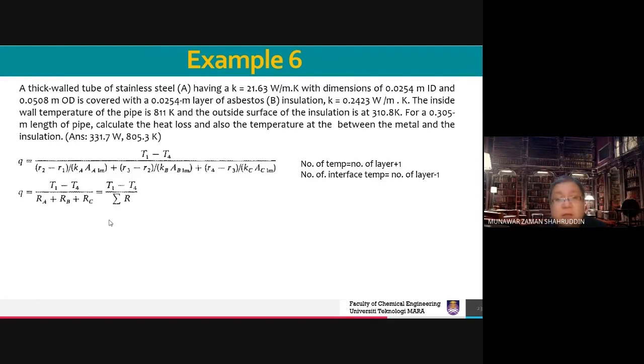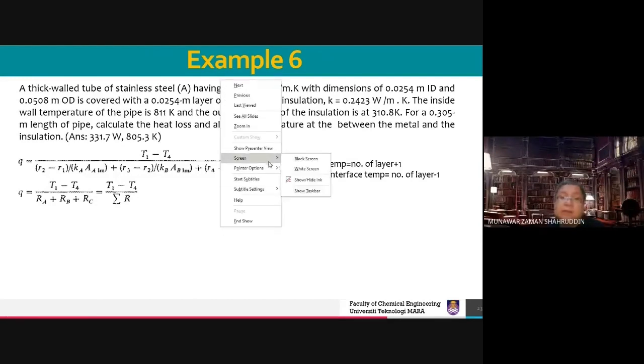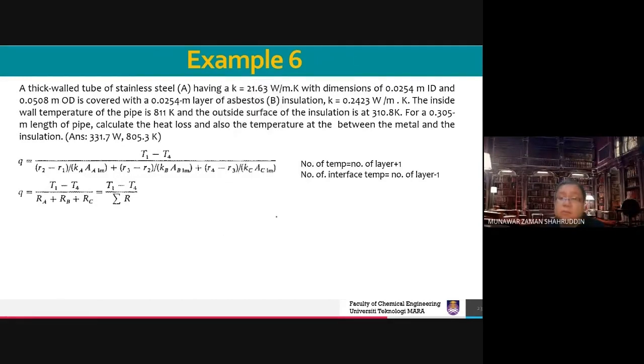So there will be two layers for this system.